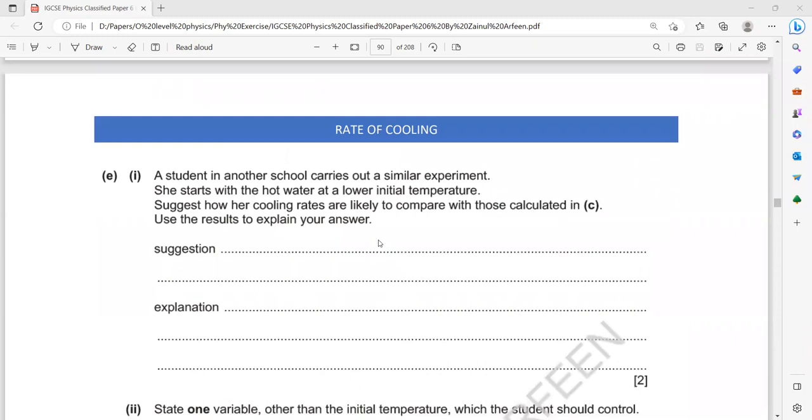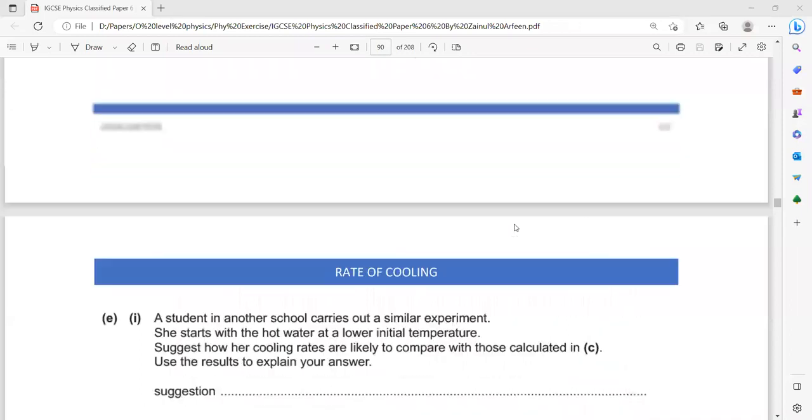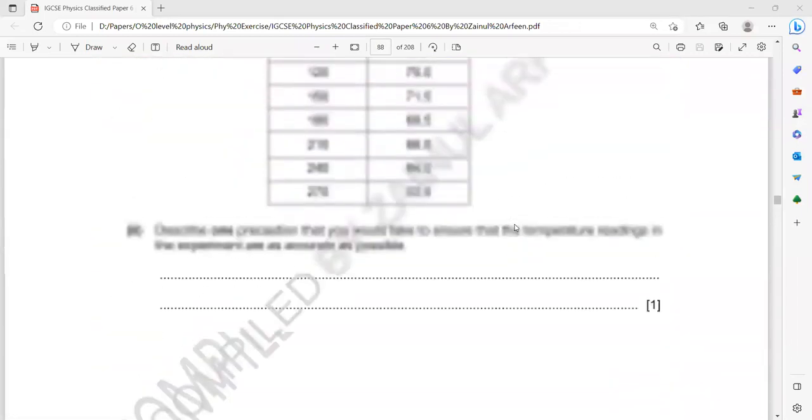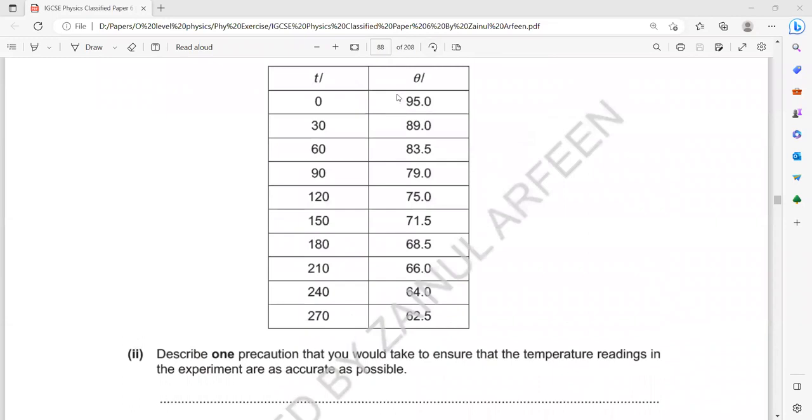A student in another school carries out a similar experiment. She started with hot water at a lower initial temperature. Suggest how her cooling rates are likely to compare with those we calculated in C1. This student did the experiment starting at 95, but another student in another lab maybe started with 85, a lower initial temperature.